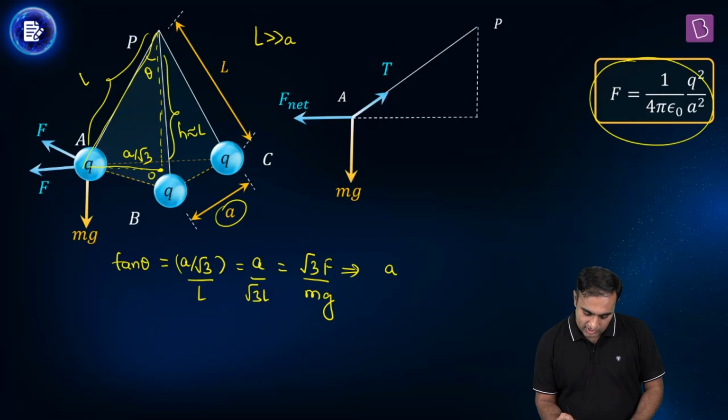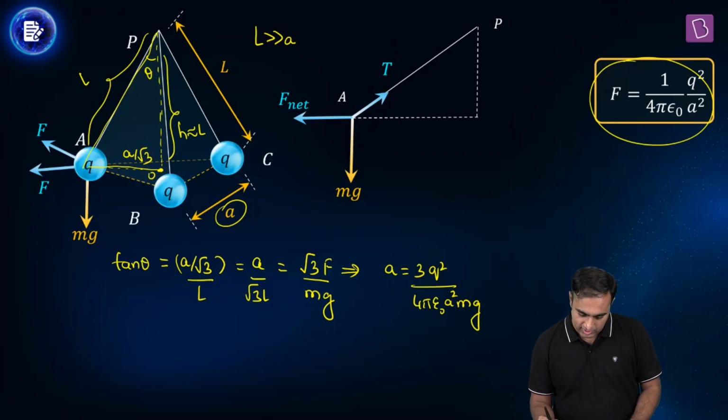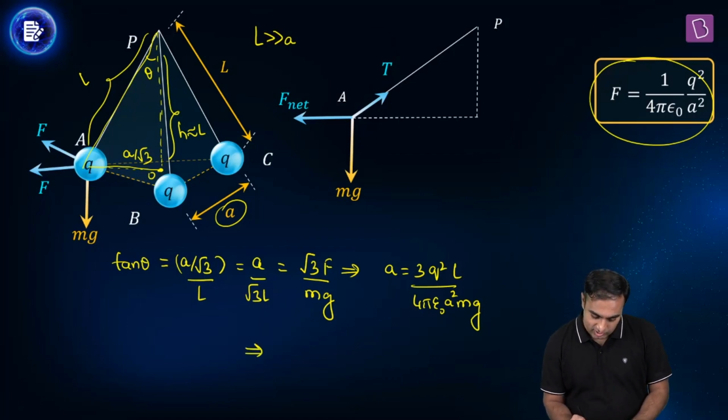It will be A equals 3q square by 4 pi epsilon naught A square mg, and there is L here. Alright. Let's take an expression for q square.